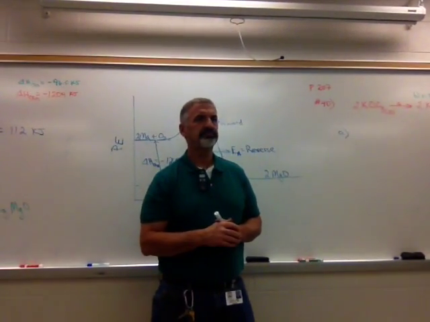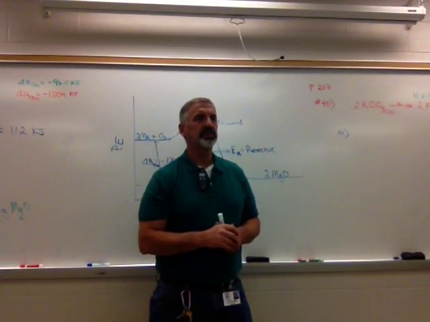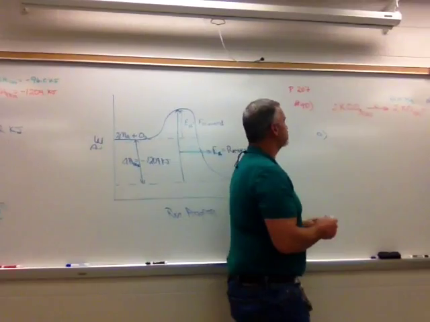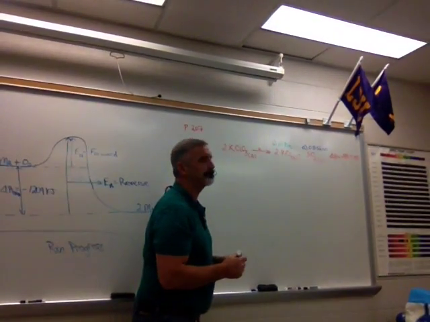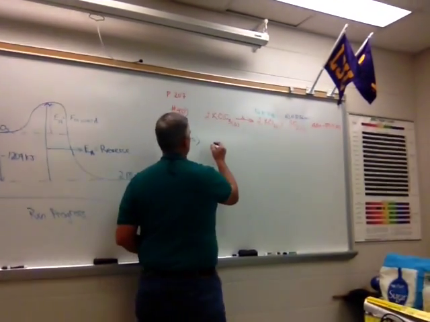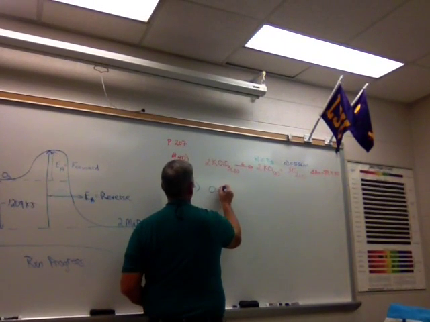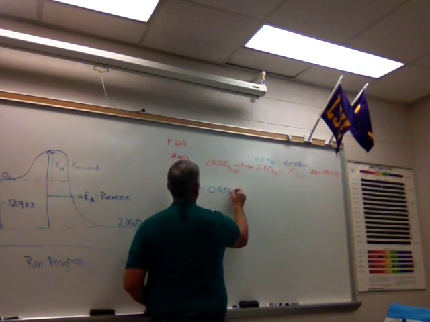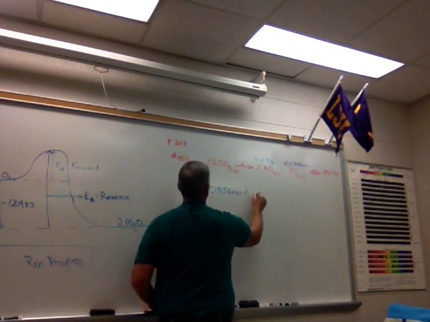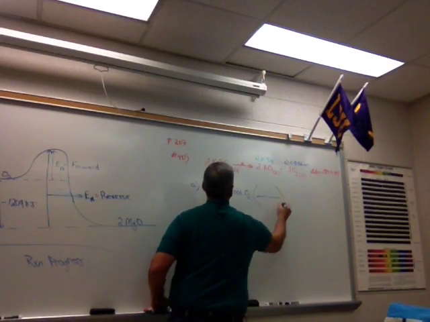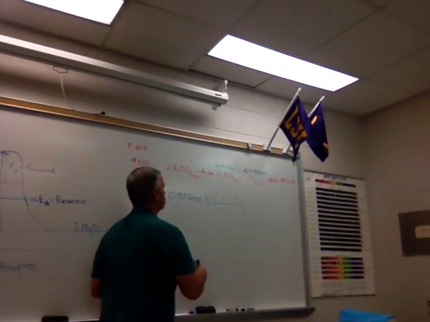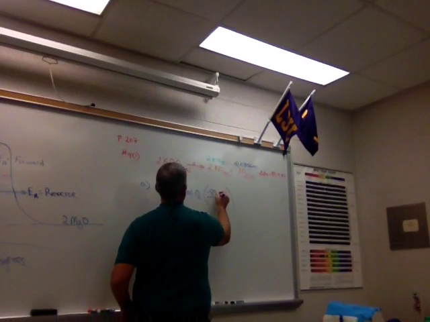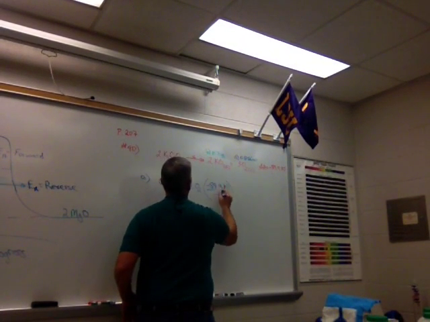Okay, we're about done? So what do we think? What do we start with for A? 0.855 moles of O2. Then what? Over 3 moles of O2.